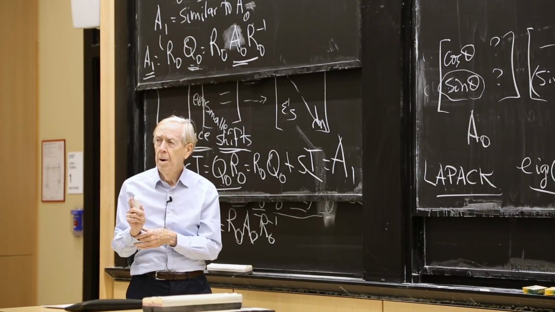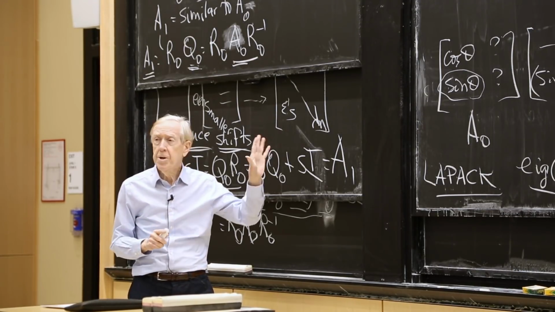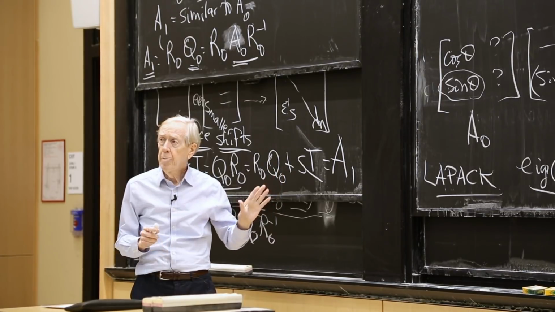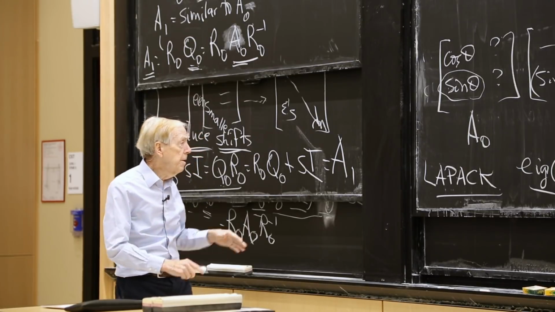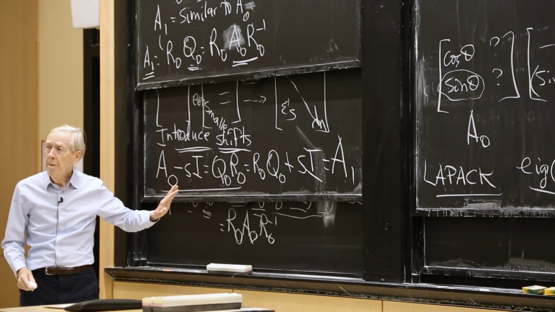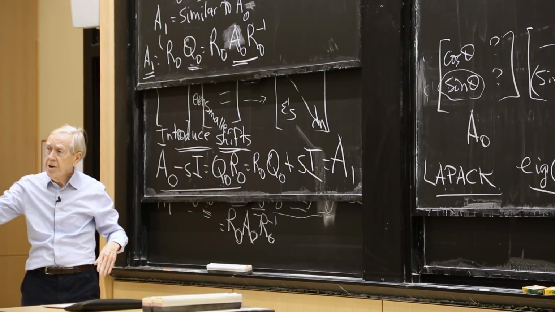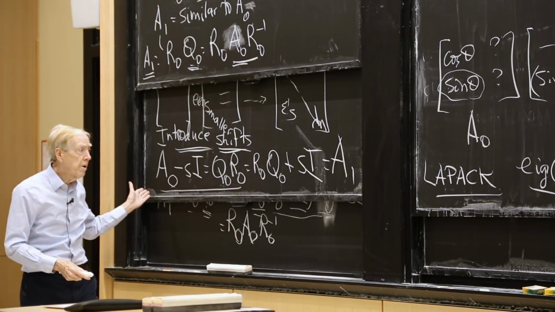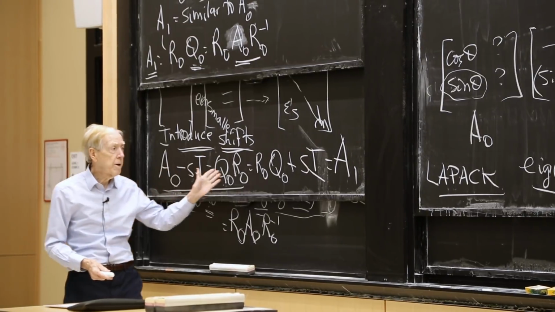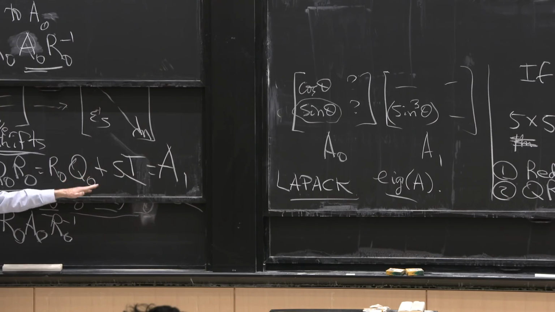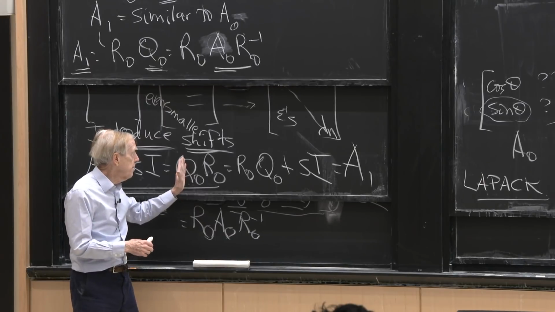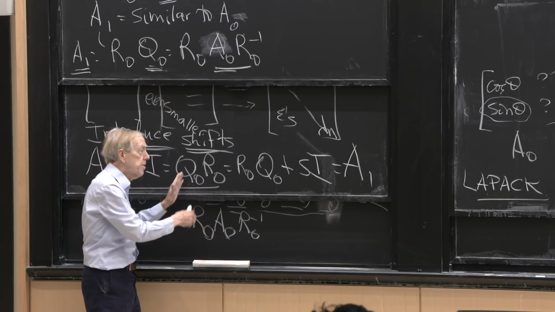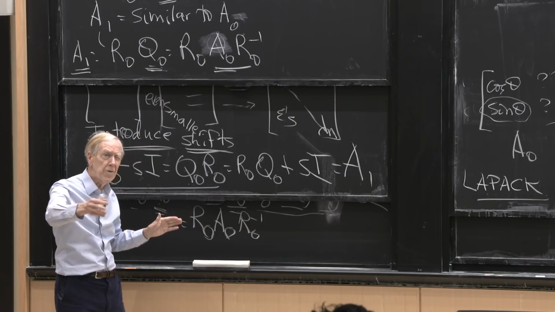And there's one more good thing to tell you about this method. It applies if the matrix is symmetric. If the matrix is symmetric, then if we check all this, we could find that the matrices stayed symmetric. If A0 is symmetric, you could easily check through this, and you would discover that A1 is also symmetric. It turns out you could rewrite this with a Q0 and a Q0 inverse on the other side.